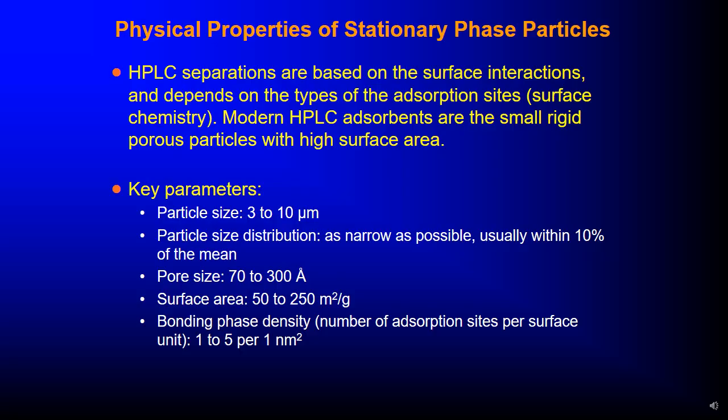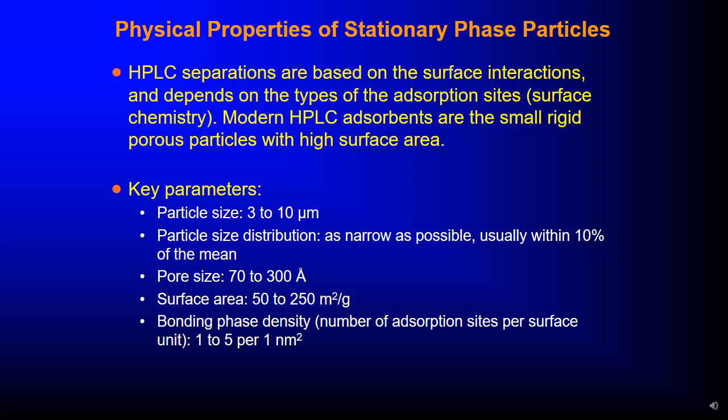Pore size is very small, 70 to 300 angstroms. Then surface area is 50 to 250 square meters per gram. So that tells you the surface area is very large.